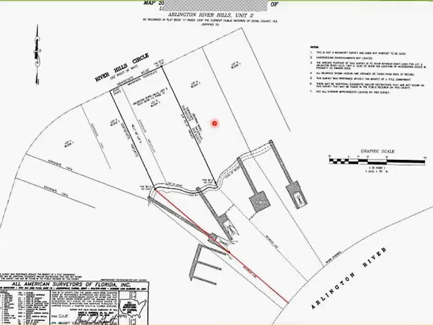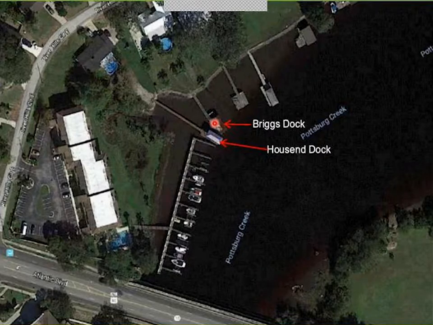The one other thing that's interesting, and we haven't raised this, but if you see this little cutout here, that is actually a man-made basin. If you go back to the plat, which was recorded around 1940, it's clearly labeled as having been man-made and dedicated and whatnot.